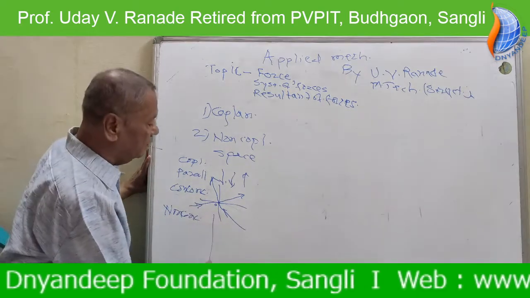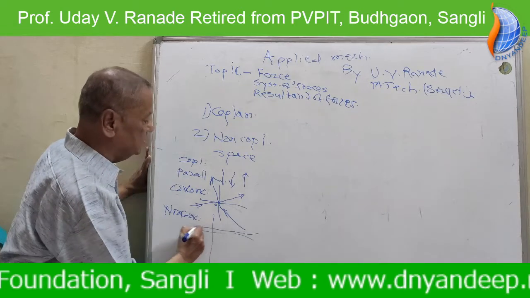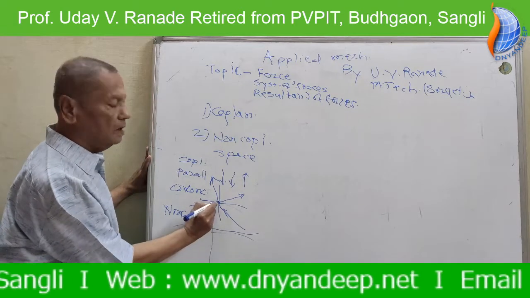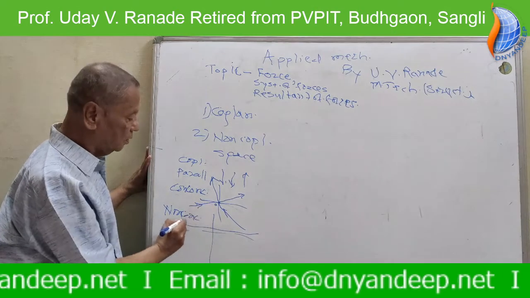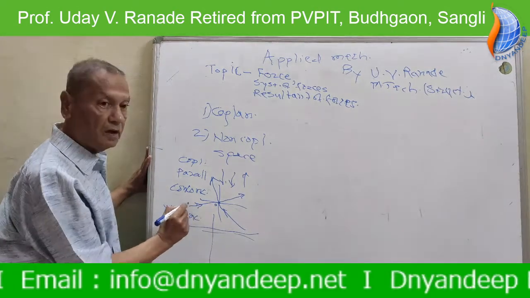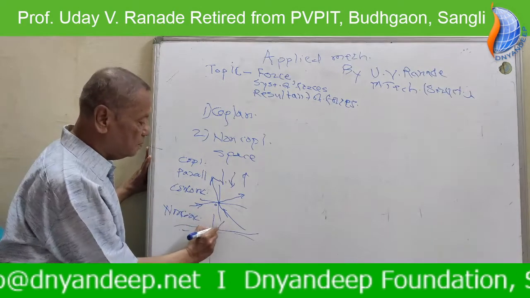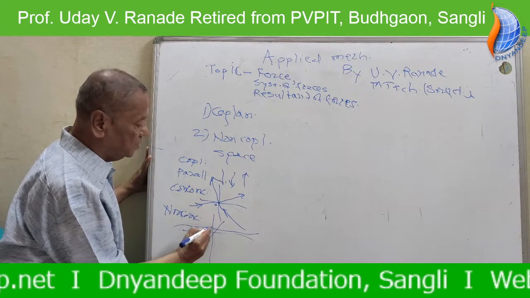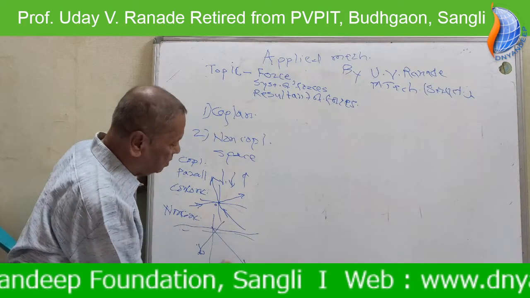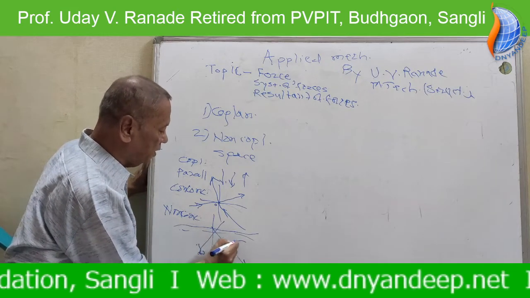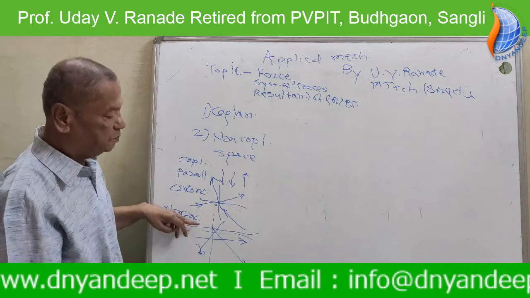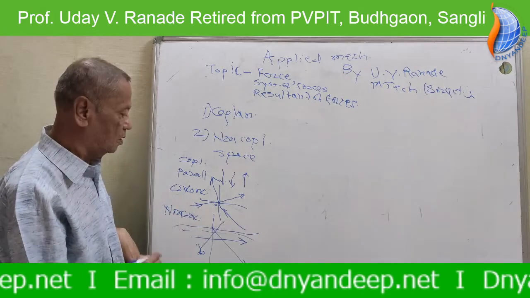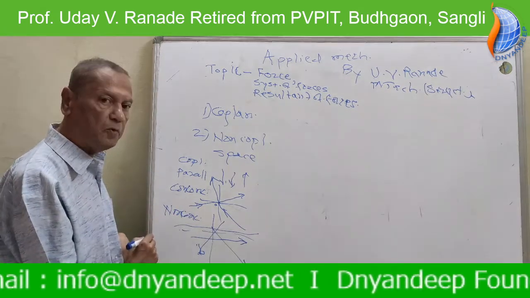In non-concurrent, see, it is like this. Here all forces are passing through same point, O point. But coplanar non-concurrent, they are not passing through same point. Some force acting here, some force acting here, some force acting here like this. Are all forces passing through the same point?